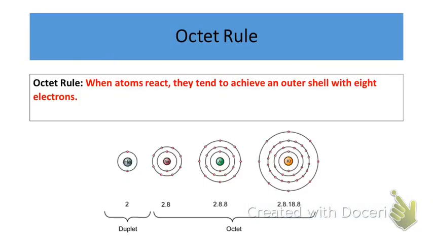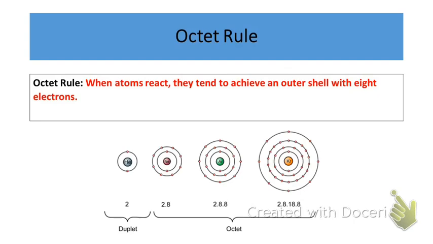The last thing we're going to talk about in this lecture video is the octet rule. We'll refer to the octet rule quite a bit in this unit and in other units later on. The octet rule states that when atoms react, they tend to achieve an outer shell with 8 electrons. This goes back to our previous definition of a chemical bond. Remember that atoms form chemical bonds in order to get a full shell like the noble gases do, and this gives them a more stable, lower energy state.